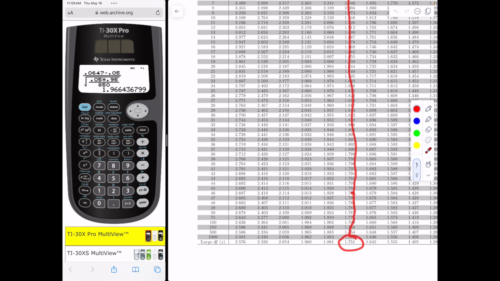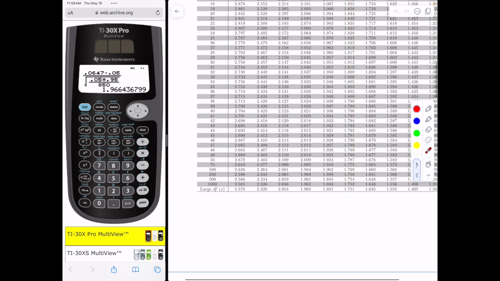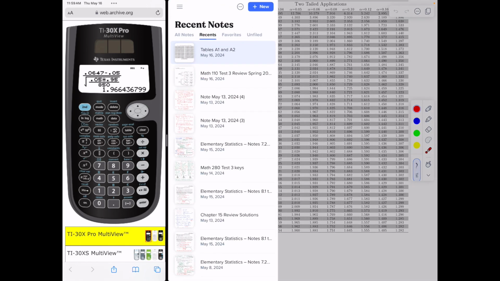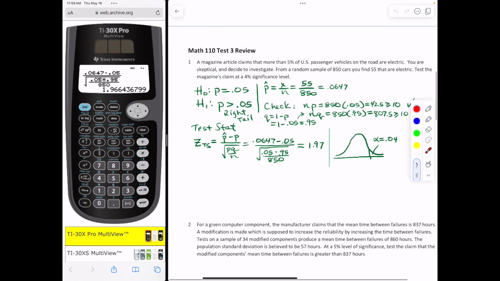And I think I see a 1.751 there. Okay, so let's go back. There we go. What did I say? 1.751? Okay, that's our Z critical value.